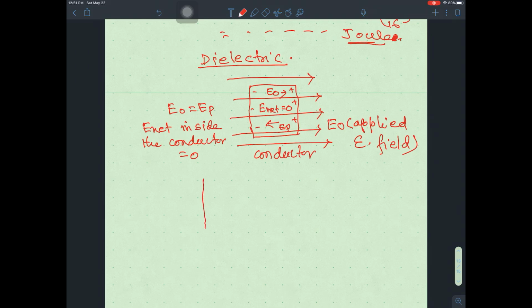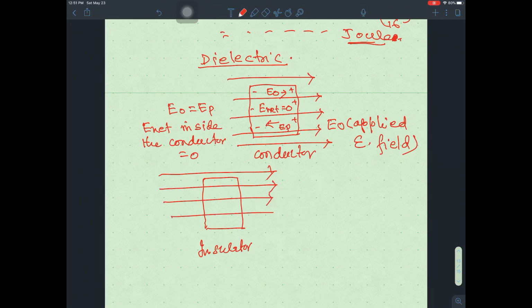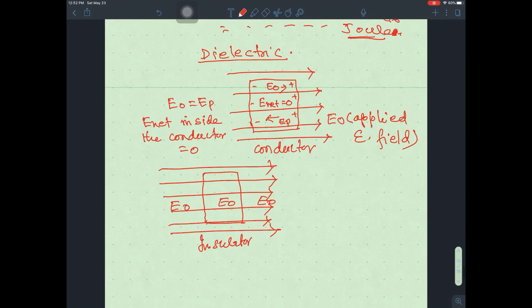For example, suppose this is an insulator, the electric field will pass as it is. So here is also the electric field E naught, and here also, the applied electric field.